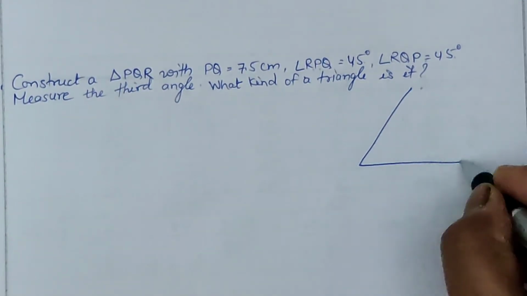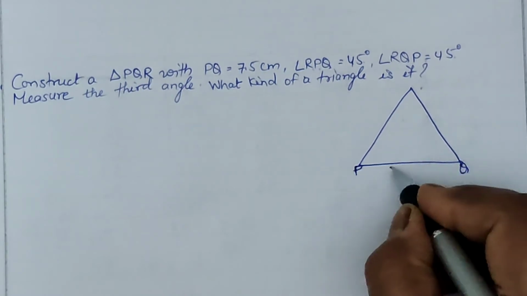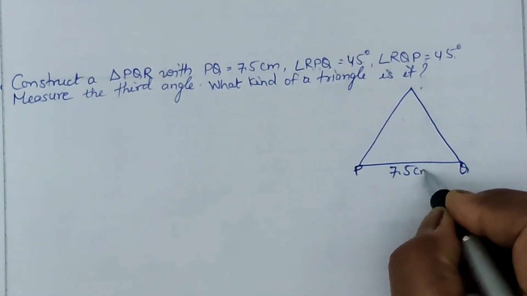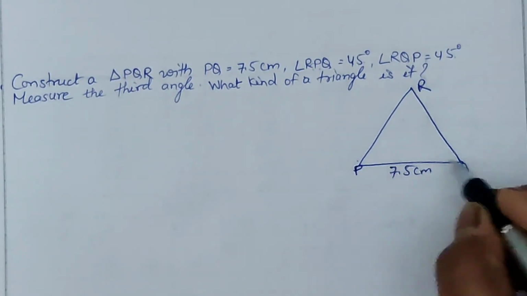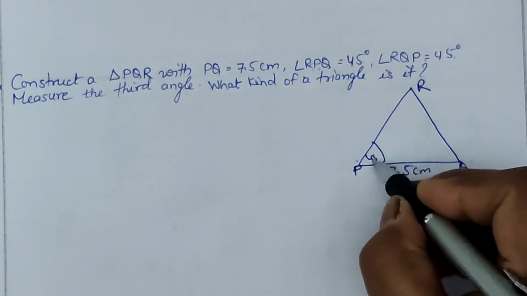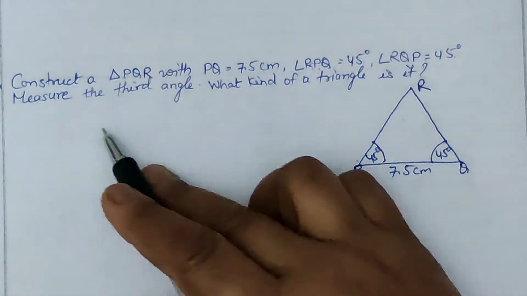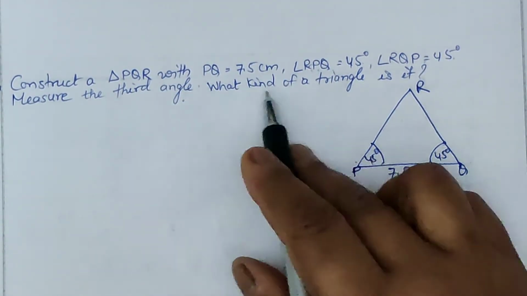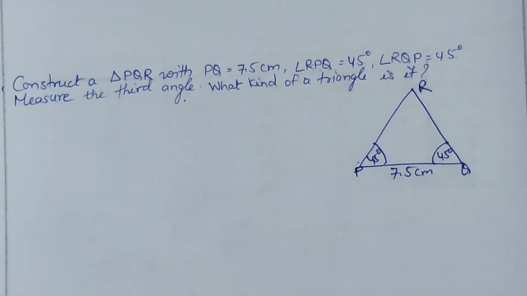First we have to draw the rough figure. PQ 7.5 centimeters. RPQ, this point is R, RPQ means this angle 45 degrees. First we have to construct.